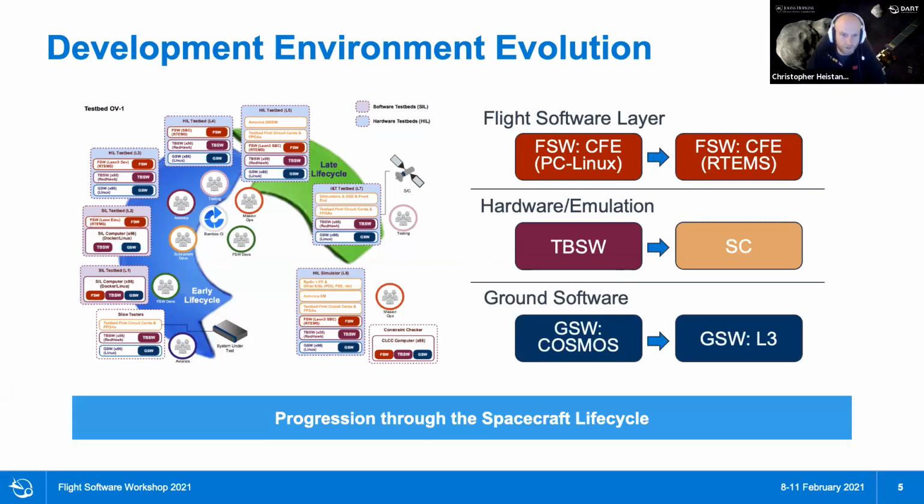We started with ground software, with COSMOS, and have moved to L3, and I will hit on that point later. But essentially, you have a fidelity increase as you move through your life cycle. It's really important to understand what you're changing as your fidelity increases and how good your models are in the beginning, so that your tooling actually works all the way through.